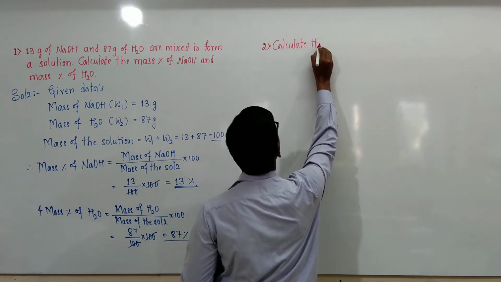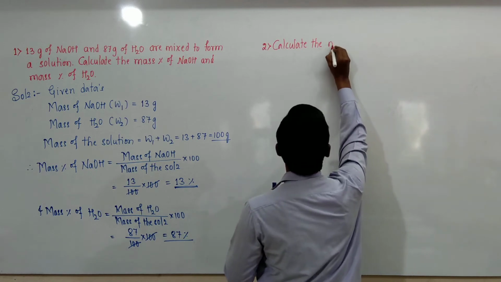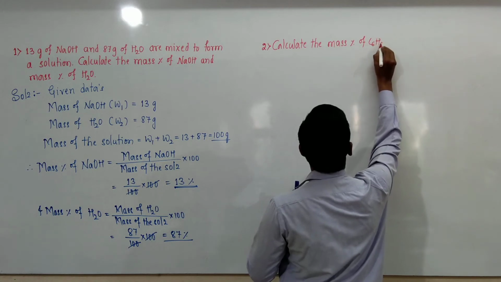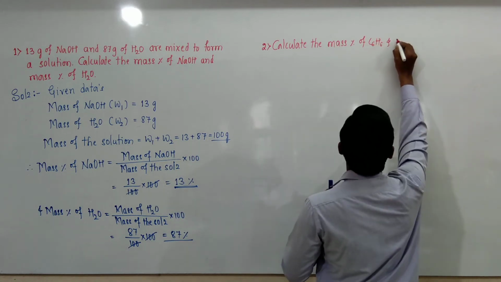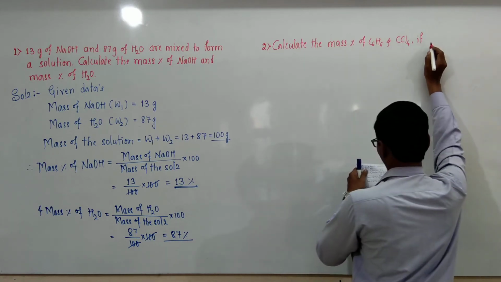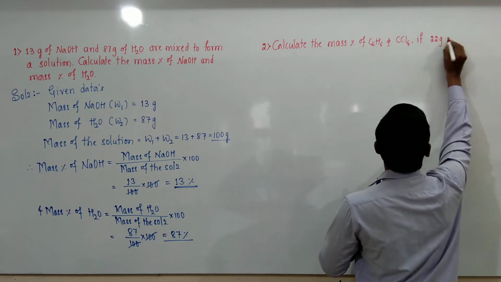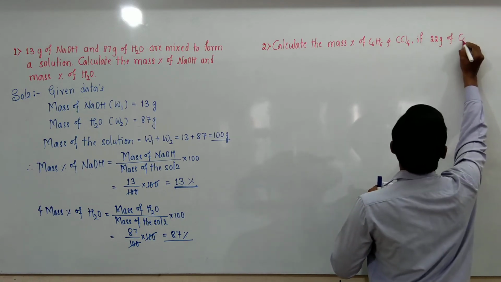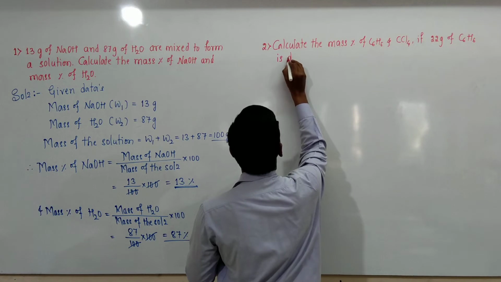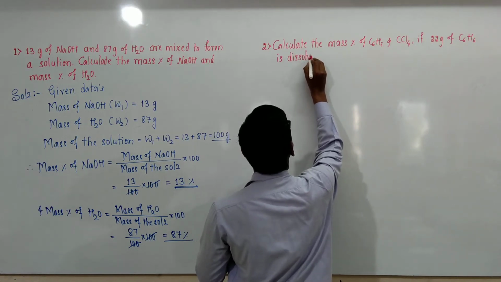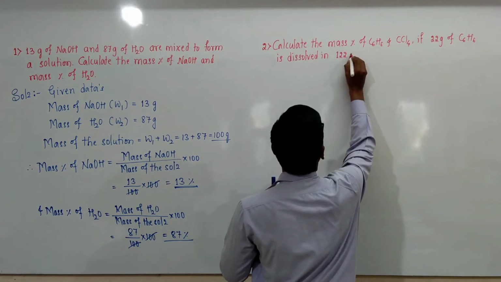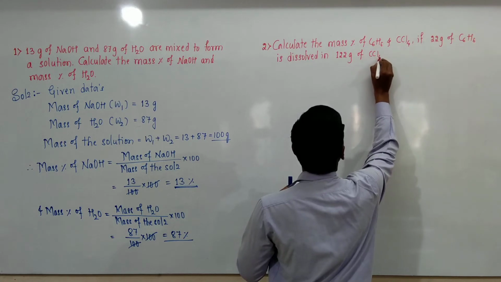Calculate the mass percentage of benzene and carbon tetrachloride, CCl4, if 22 gram of benzene is dissolved in 122 gram of CCl4.